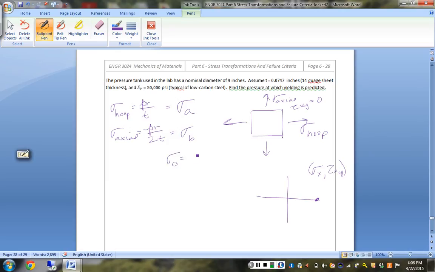In plane stress, it's always 0. Okay, so for a cylindrical pressure vessel case, you know you've got principal stresses already. Why? How do you know that?